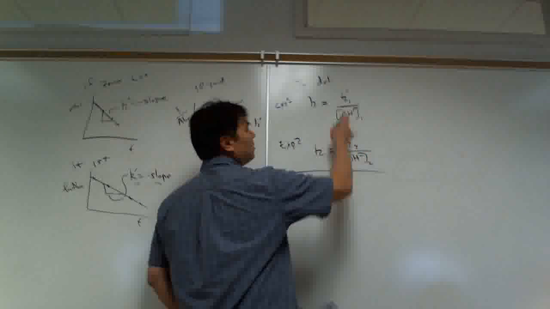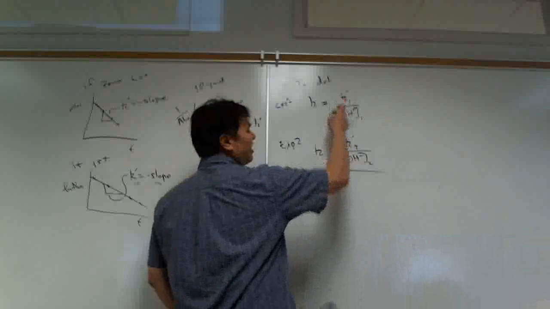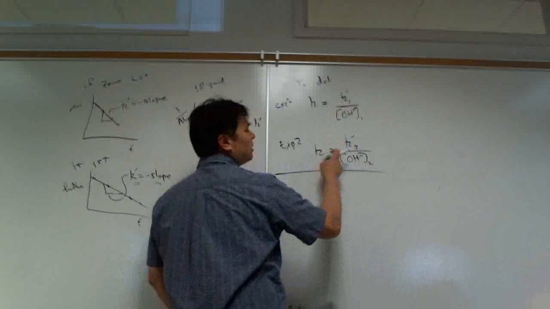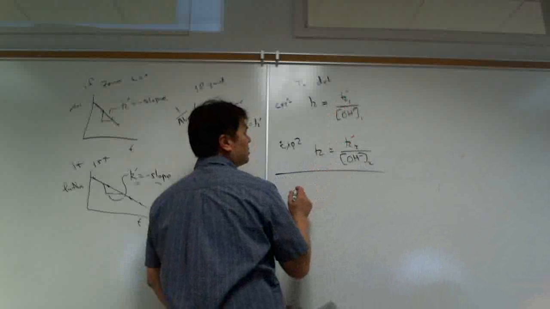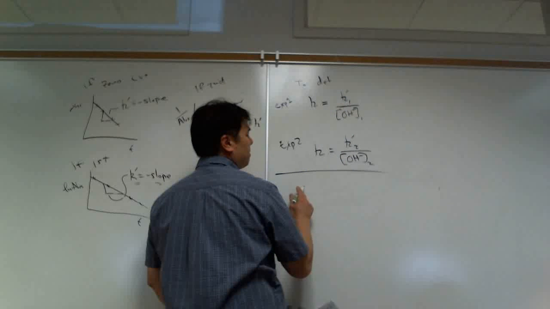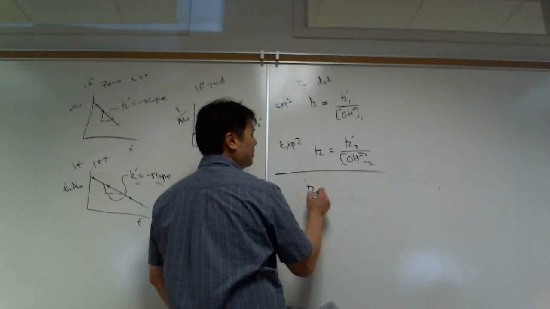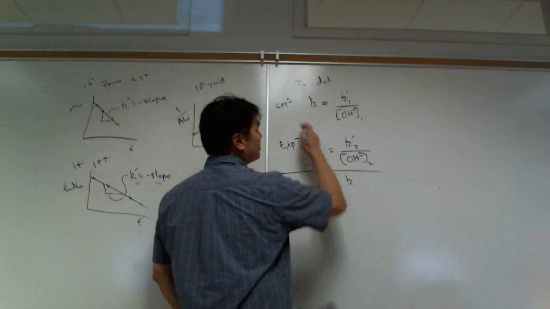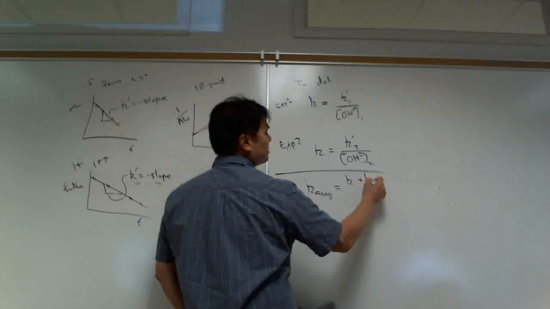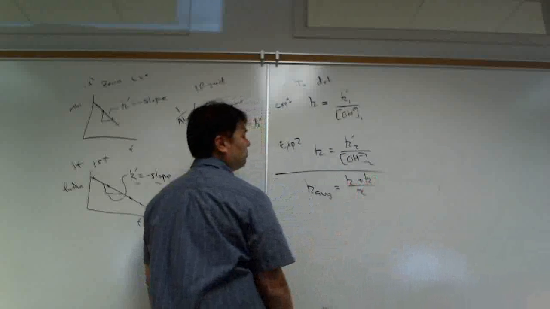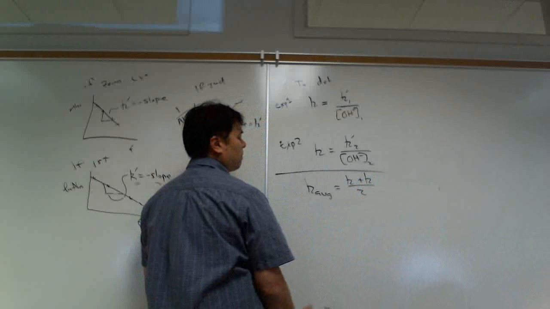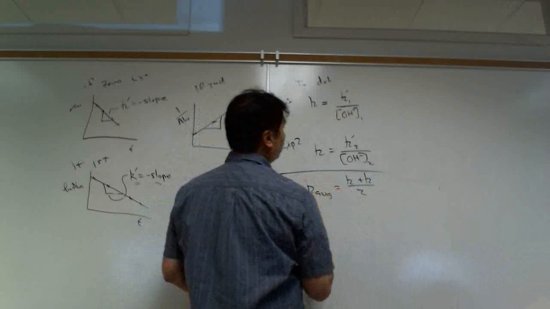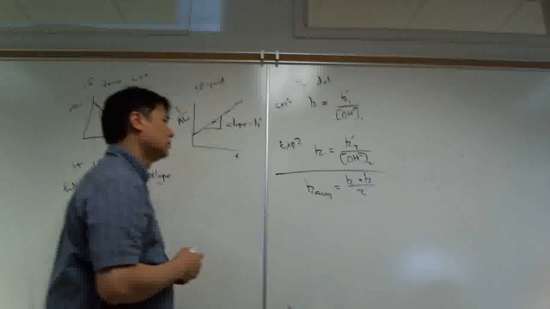The K primes are not going to be the same, because K prime has hydroxide concentration, and in K prime 2 we doubled the hydroxide concentration. And so we get K average. K average is equal to K from experiment 1 plus K from experiment 2, divided by 2. That would be our K average.